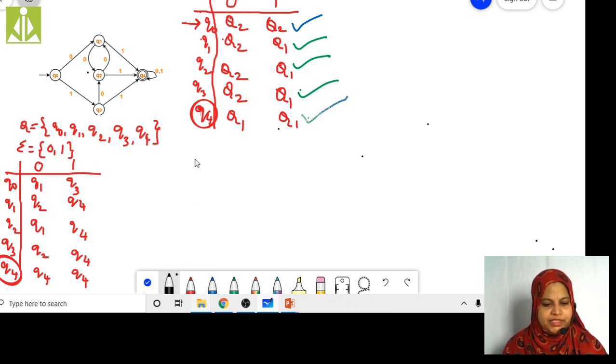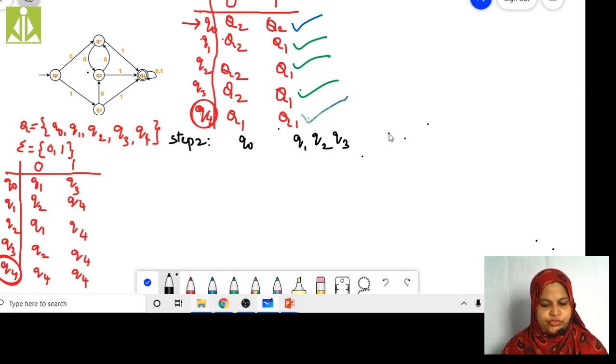After performing step 1, how many sets am I getting here? One set is Q0, one more set is Q1, Q2, Q3, and one more set is Q4.